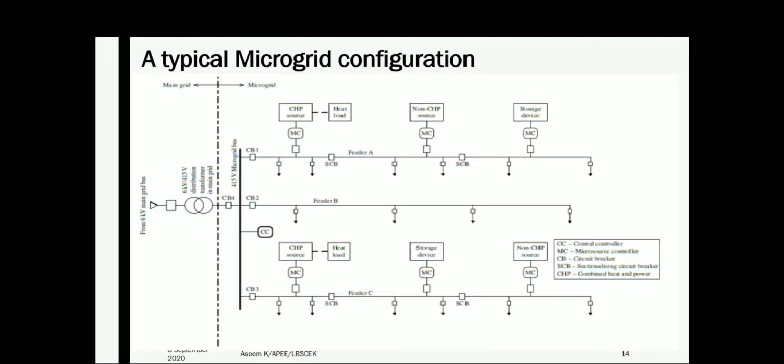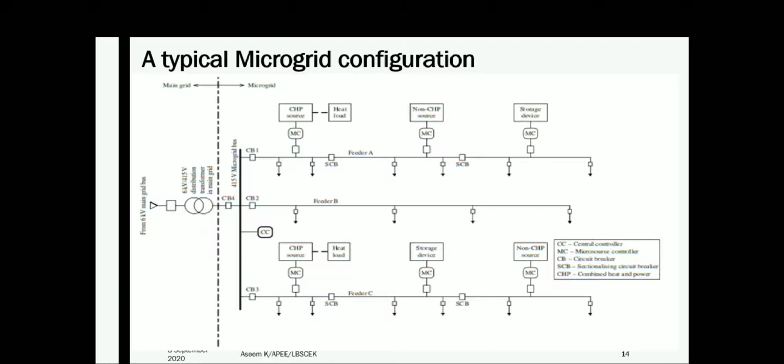In this schematic diagram, you can see that it consists of three radial feeders A, B and C to supply electrical and heat load. It also has two CHP, combined heat and power sources. It consists of two CHP and two non-CHP micro sources, and storage devices are associated with them.